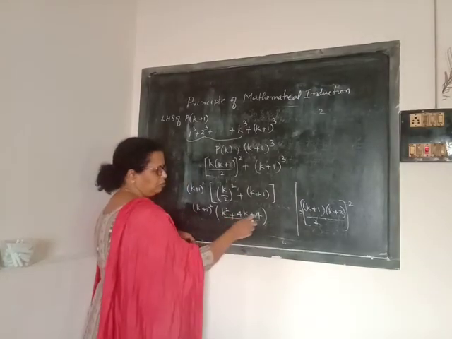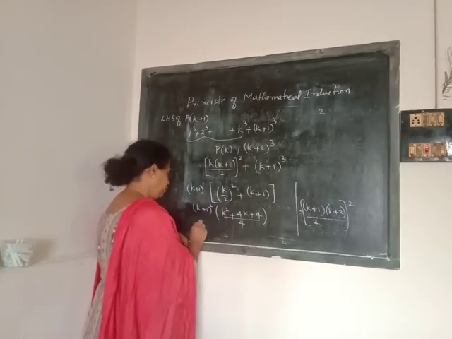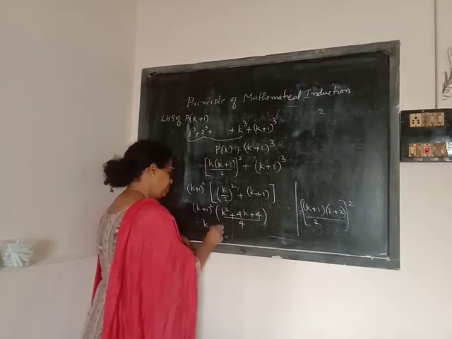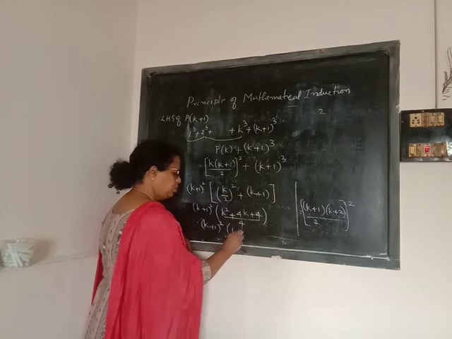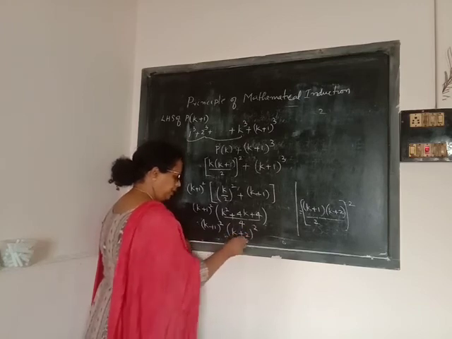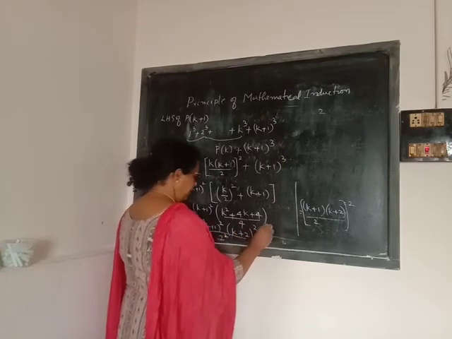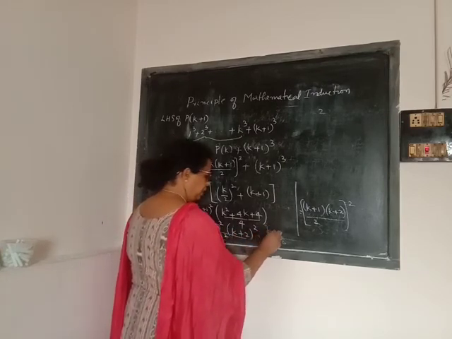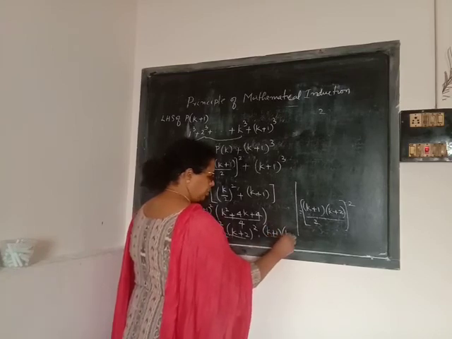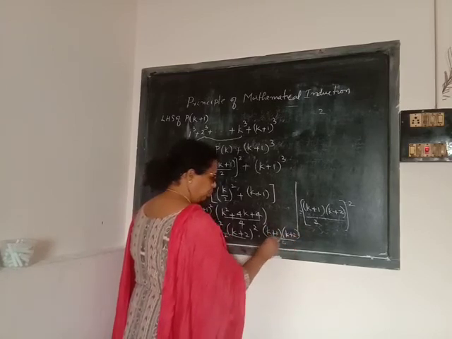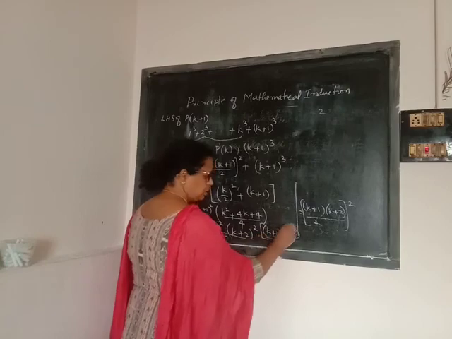This is k plus 2 whole squared, isn't it? So we can write it as k plus 1 whole squared into k plus 2 whole squared divided by 4 is 2 squared. All are power 2, or we can take it as it is k plus 1 into k plus 2 by 2 whole squared.